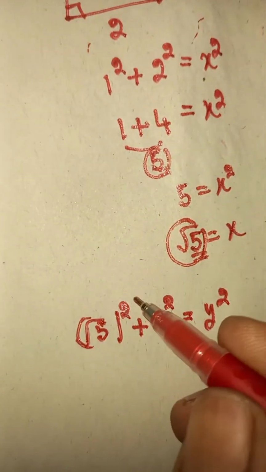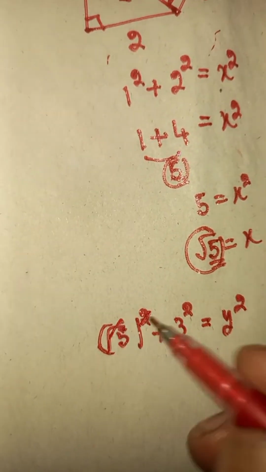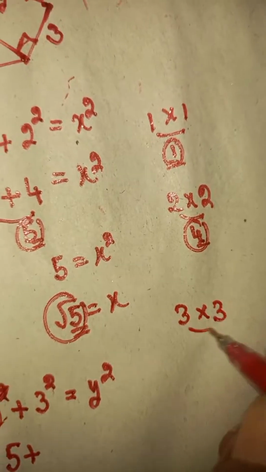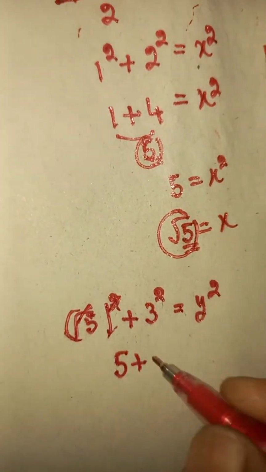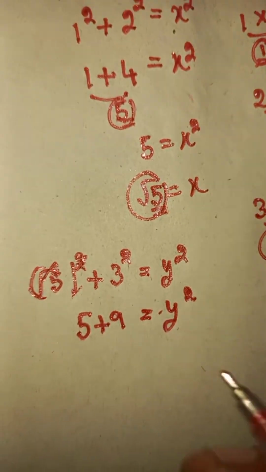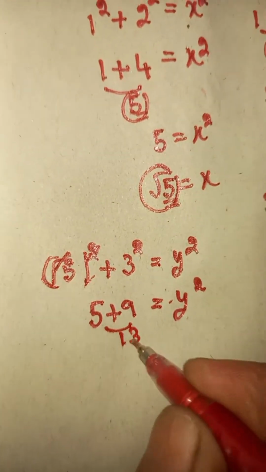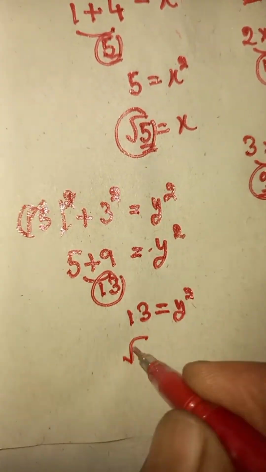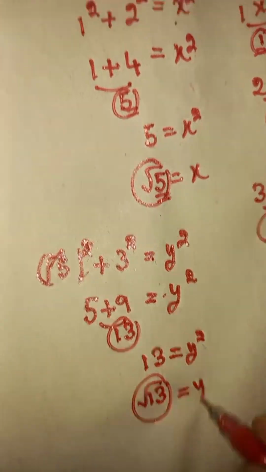Root 5 square means root and square cancel out. This remains as 5. 3 square means 3 times 3, which becomes 9. So 5 plus 9 equals y square. Now 5 plus 9 is 13. So 13 equals y square. The square goes to this side, it becomes root 13 equals y.